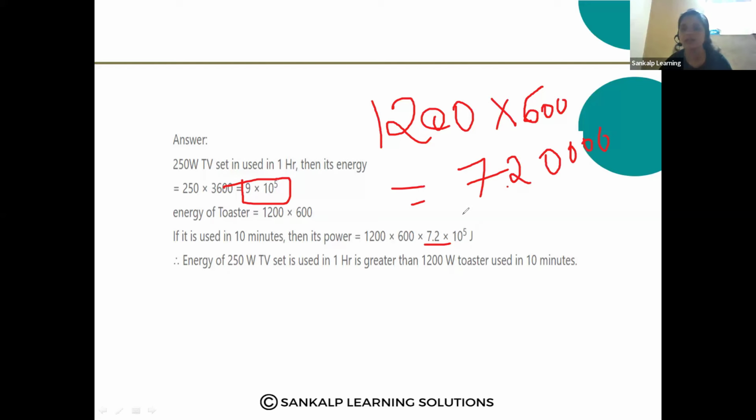So this is the total energy used. Energy is given in joules, so the answer is 7,20,000 joules.